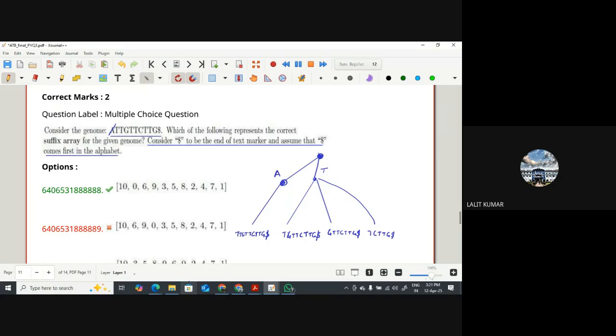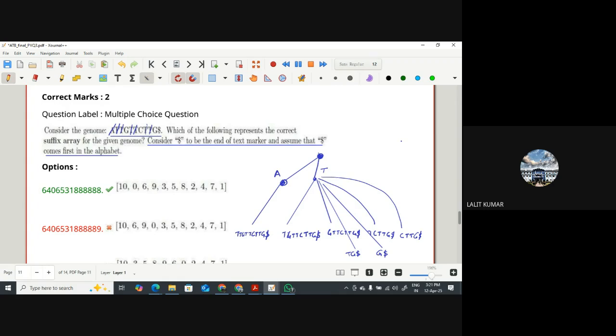Next T will give C T T G dollar. Is that okay till now? Yes, sir. Okay. Now there is another, so this will give TG dollar, and the last one will be G dollar. Is that okay? Yes, sir. Okay. And now T is gone.